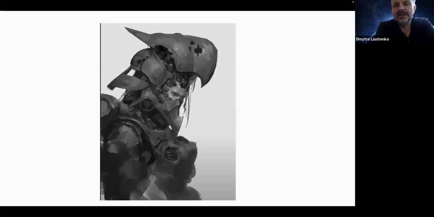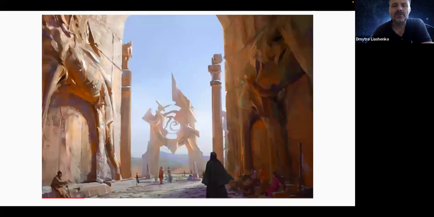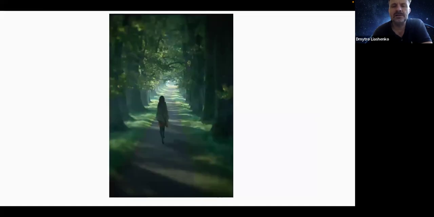So you can see big parts of elements, but the face of the person we can easily distinguish in the picture. Also features of people who are walking in the city.